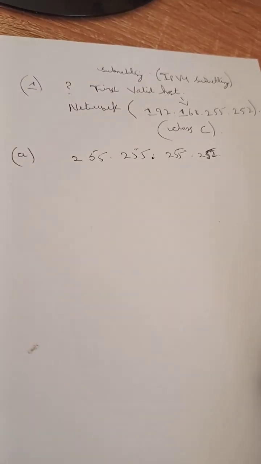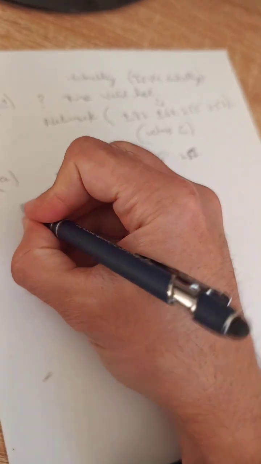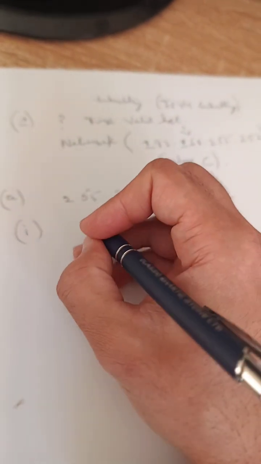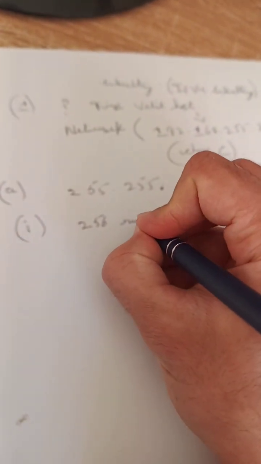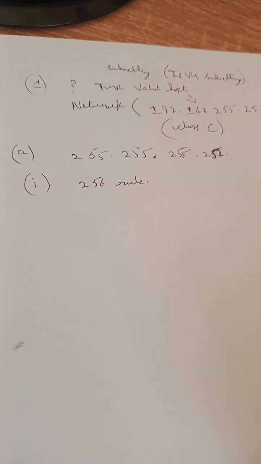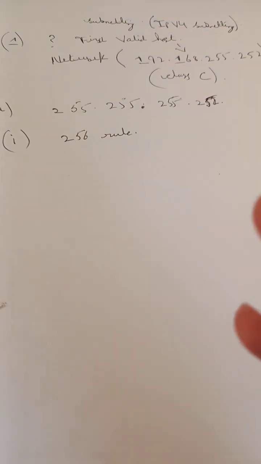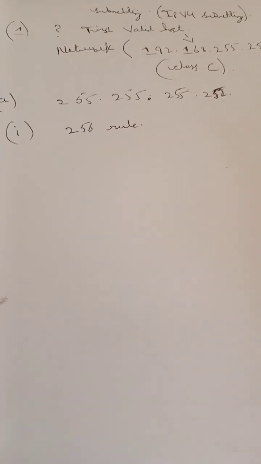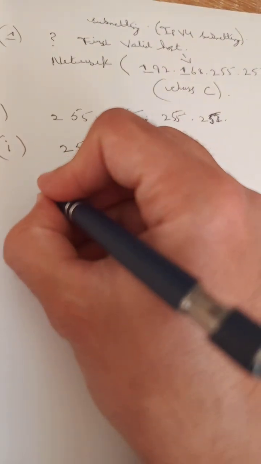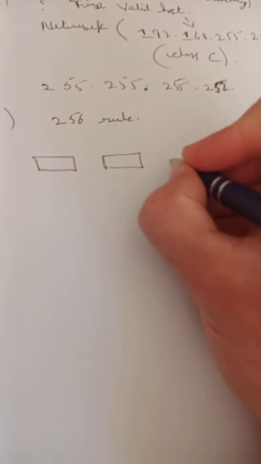While solving this one, we have to take some steps. I will apply the 256 rule. If anyone doesn't know this rule, it's very important. There are quite a lot of ways to do IPv4 subnetting, but this one might help you, or you might relate to it a little bit. Now let's take this subnet mask and break it into octets and bits.